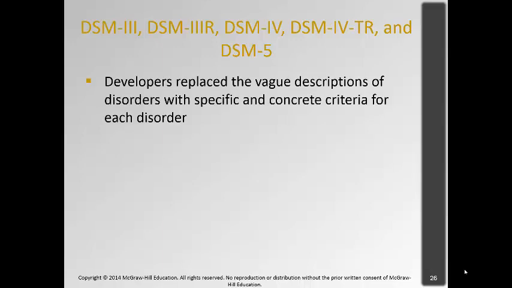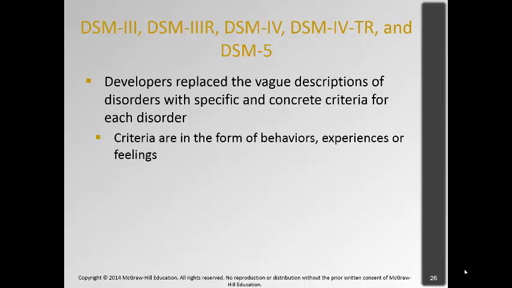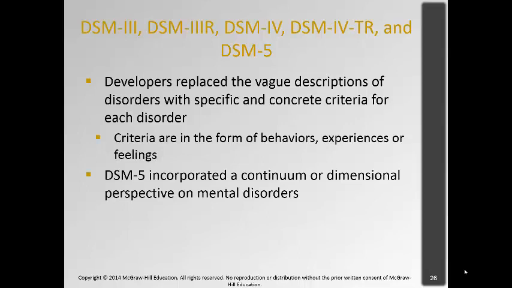So the developers of these subsequent versions replaced vague descriptions of disorders with specific and concrete criteria for each disorder. Most of them were more objective in that they could be observed or measurable in some way. And the criteria were in the form of behaviors or experiences or feelings.